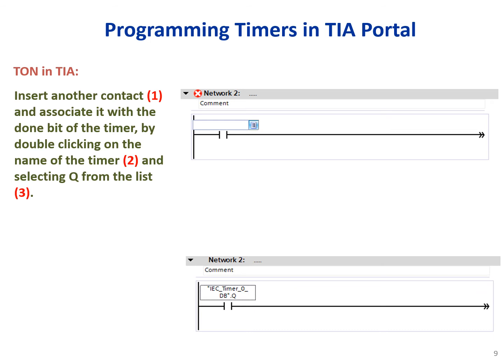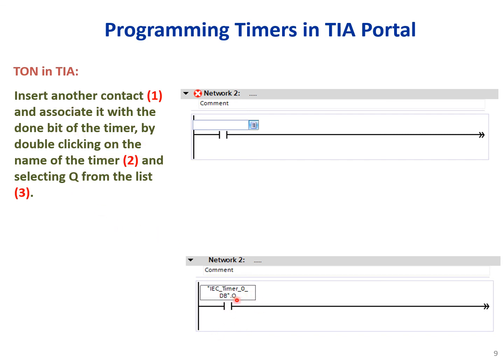Insert another contact and associate it with the done bit of the timer by double clicking on the name of the timer and selecting Q from the list. You need to associate it with the done bit of the timer.